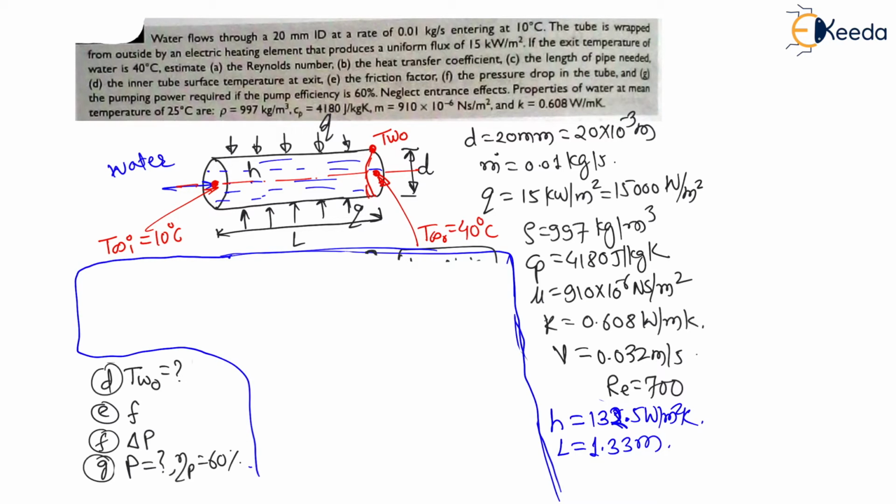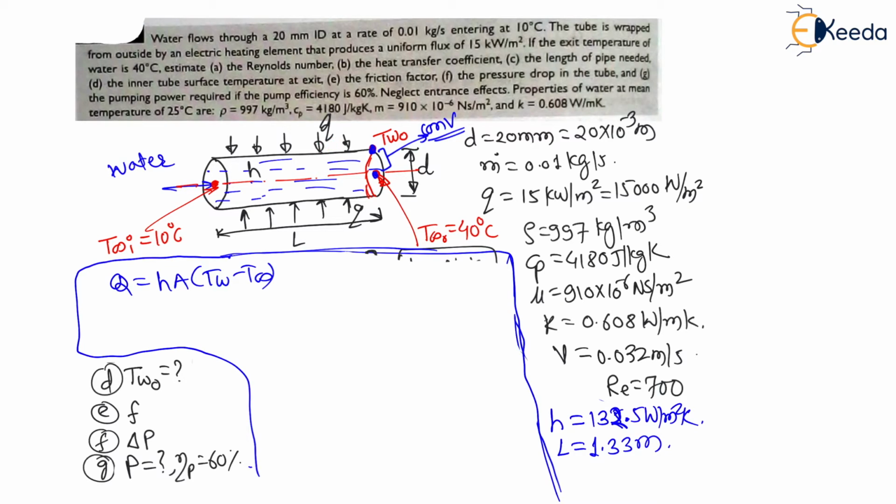Are you able to visualize this? Definitely there will be convection heat transfer. Therefore, this heat flux at each and every location is the same. The convection heat transfer is h A (T wall minus T infinity), that is wall temperature minus surrounding fluid temperature.